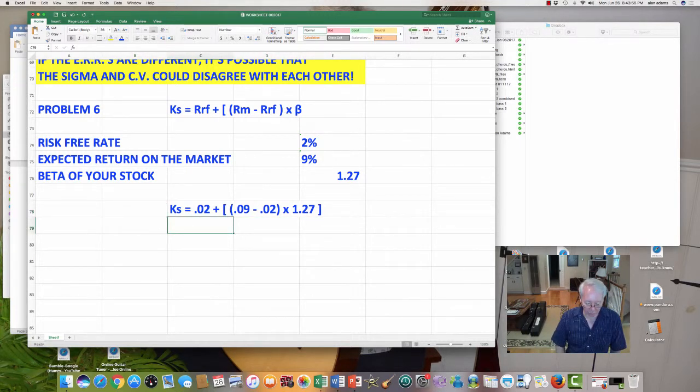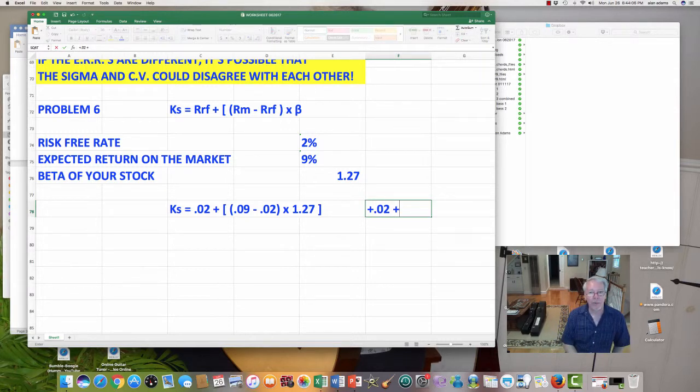So once again, I think we can do this whole thing right now. I'm going to take 0.02, add to that, parens, 0.09 minus 0.02, parens, multiplied by 1.27, and I get 0.11.